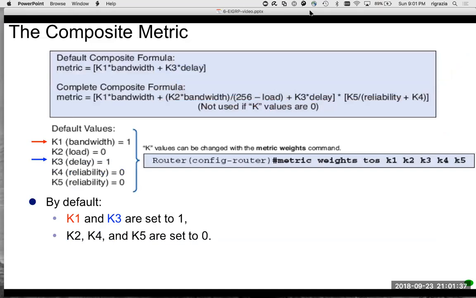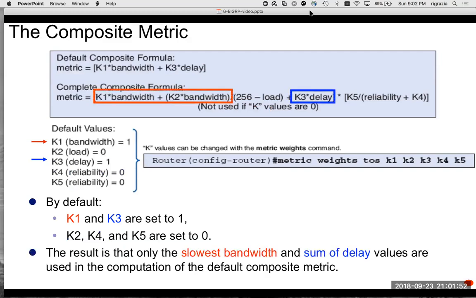So here's the actual composite metric formula, and you'll see in this formula, which looks kind of strange, I know, that there's nothing to do with MTU. Just bandwidth, delay, reliability, and load. Now, looking at this formula, Cisco by default only uses bandwidth and delay.